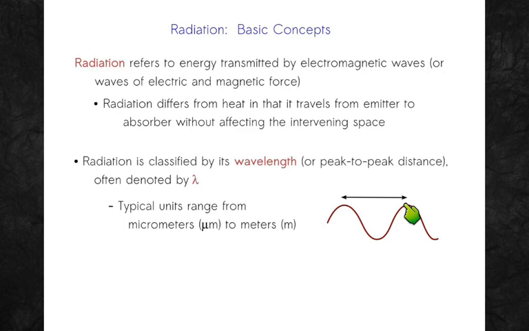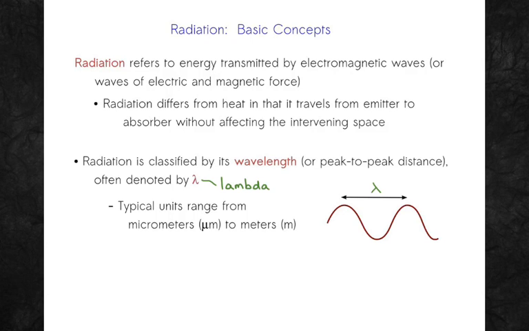From here to here, that's going to be the wavelength. And typically we denote that wavelength by the symbol down here, which is the Greek letter lambda. So the Greek letter lambda is going to denote wavelength. That's our wavelength of the wave.